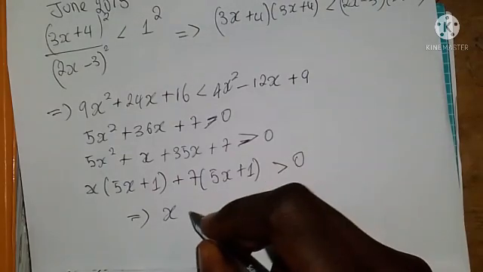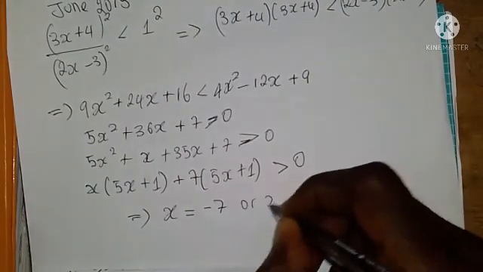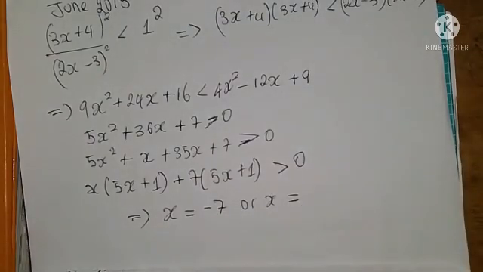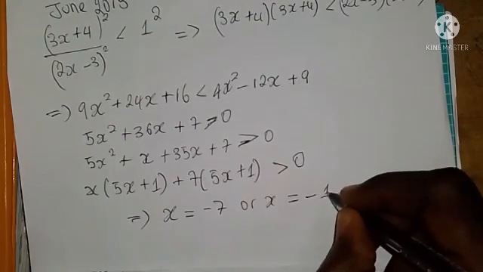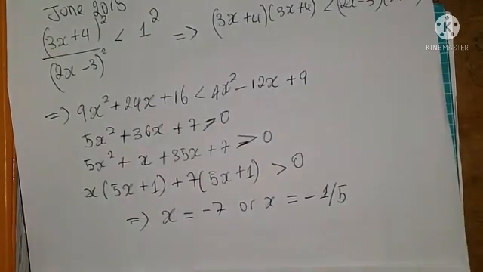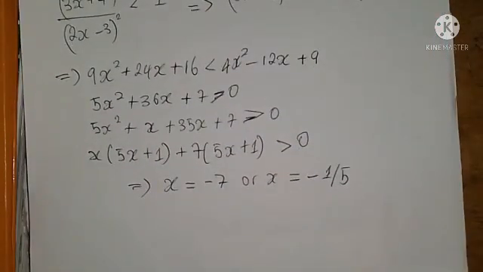So x equals negative 7, or x equals negative 1 over 5. Now I have to show you something again. In the previous video I explained how you can easily get the limits. For the smaller value, I guess I will have to show you the image again.